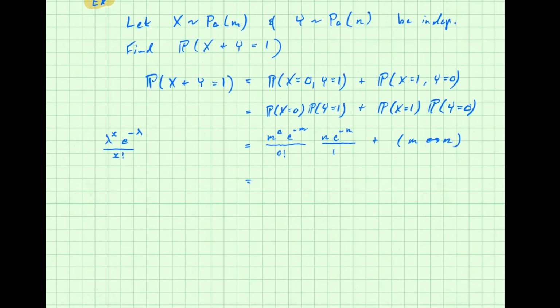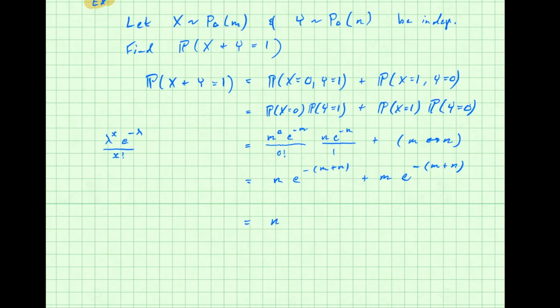And so what is that? So that's n times e to the minus m plus n, plus, and then we just write the same thing but swap them. So that's m e to the minus, and then this is actually the same, right?